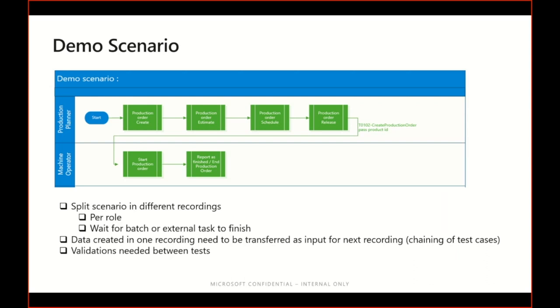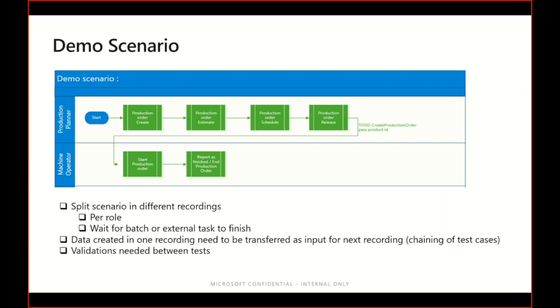And then typically what would happen is once a production order is released, the manufacturing department would be picking that up, and a machine operator would start the production order. In a typical scenario, he would do a lot of registrations on a production order, what kind of material has been consumed, how long operations have been running.